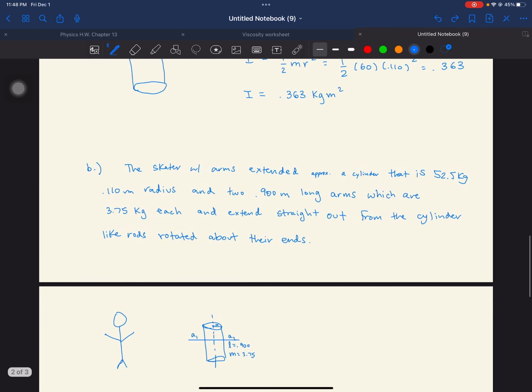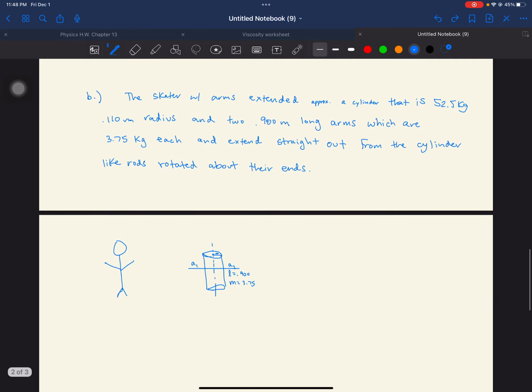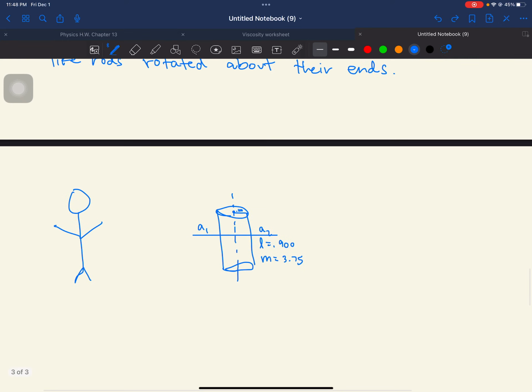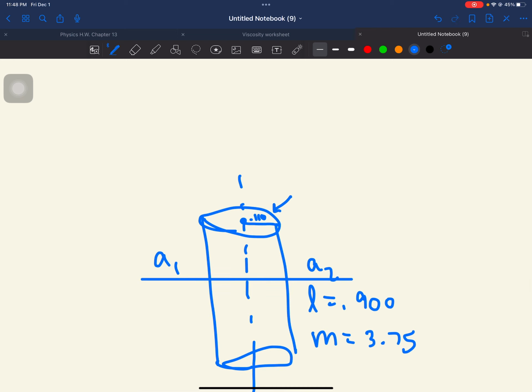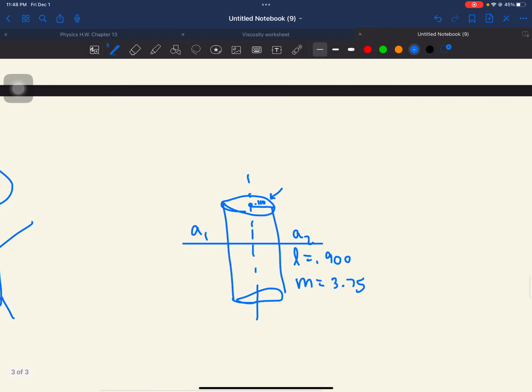For this question, we drew out a cylinder with the radius of 0.110 right here. And we also drew out from the center arm 1, which consists of here to here, and arm 2, which consists of here to here.